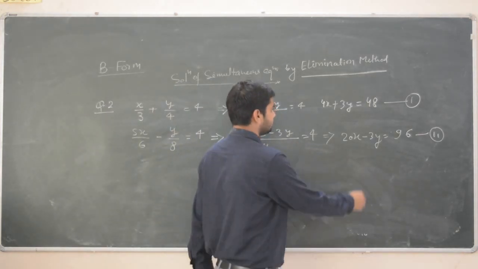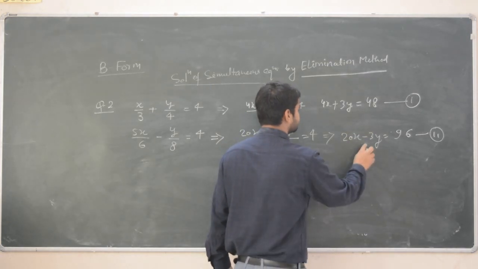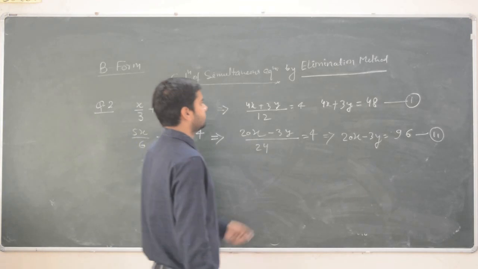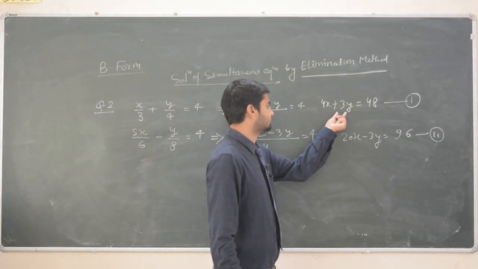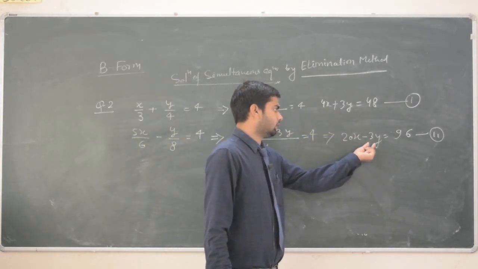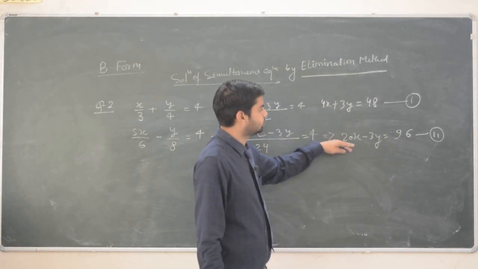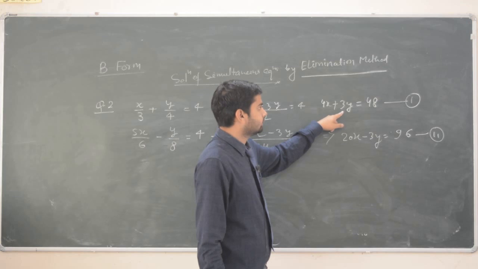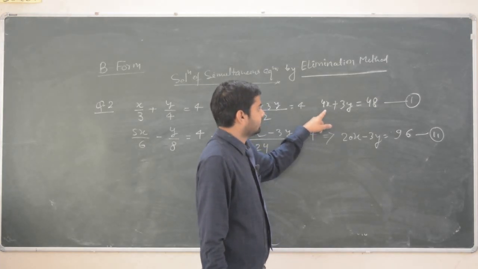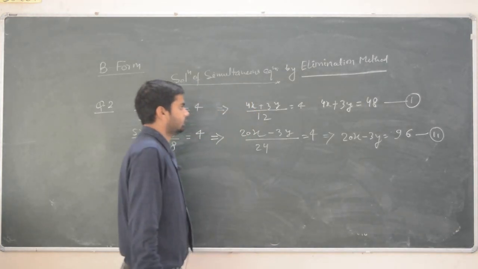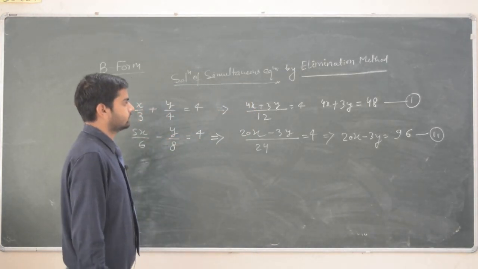Now we want to solve these two expressions and get the values of x and y. Here the coefficient of y is plus 3, and here the coefficient of y is minus 3. So if we add equation 1 to equation 2, minus 3y plus 3y will get cancelled out, and we get an equation in one variable, and by solving that we can get the value of x.